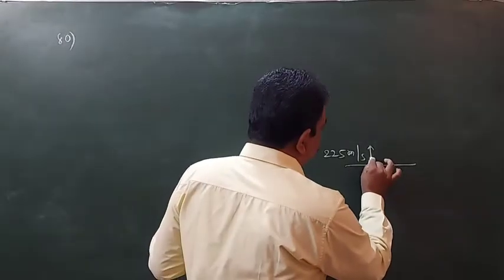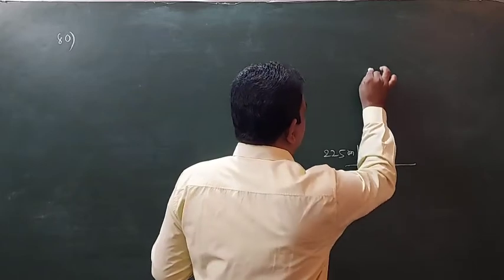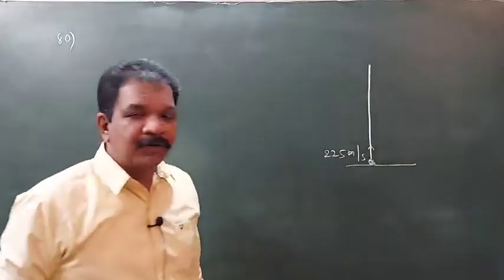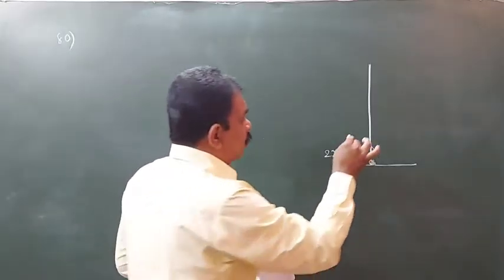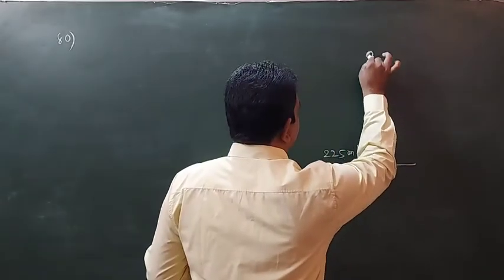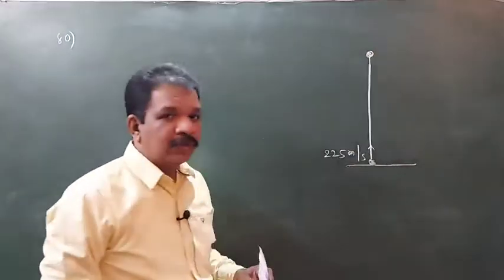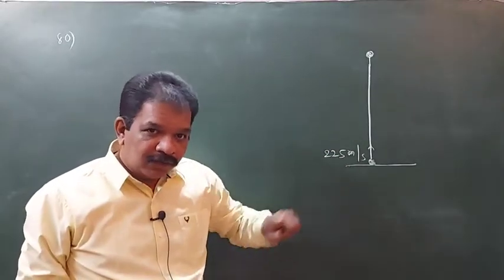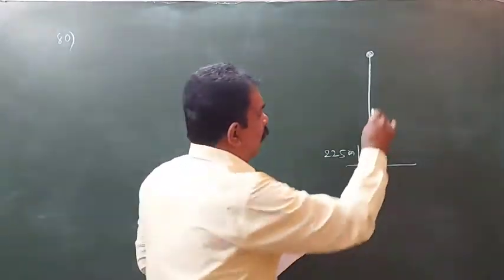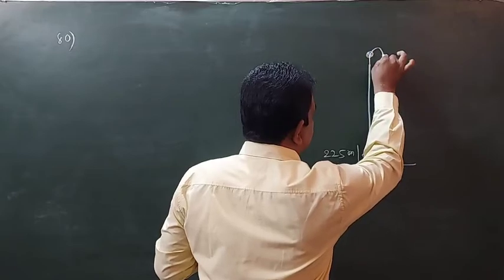It went like this. When it is going up, what will happen to its velocity? It decreases, and finally somewhere it becomes 0. In the same line it will fall down. For your understanding, I am taking the path like this.